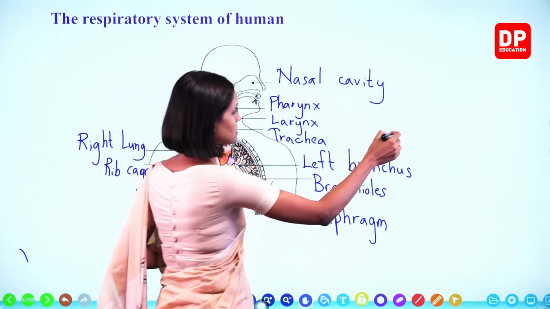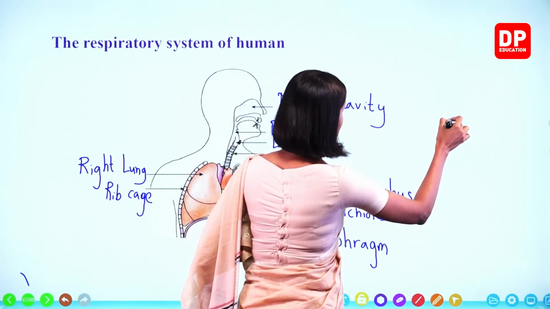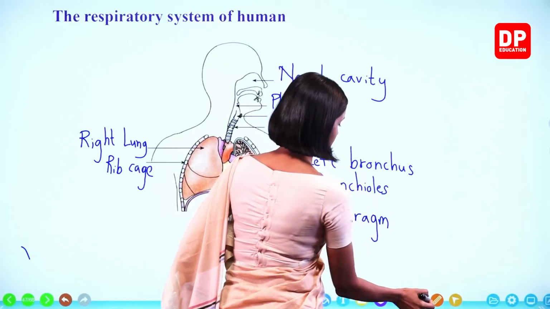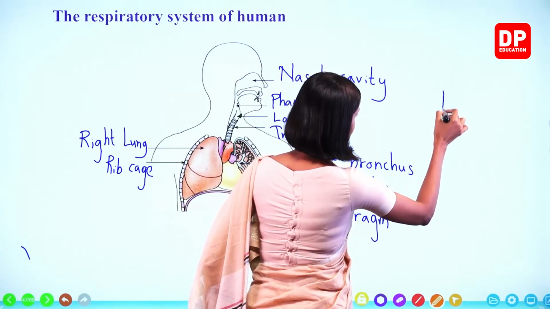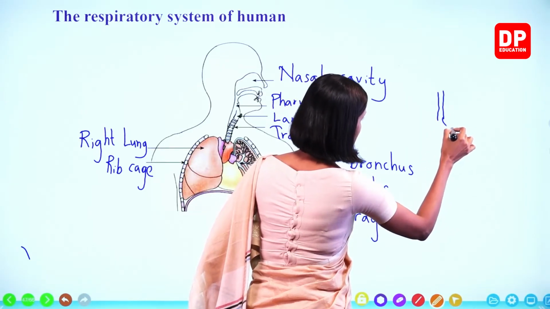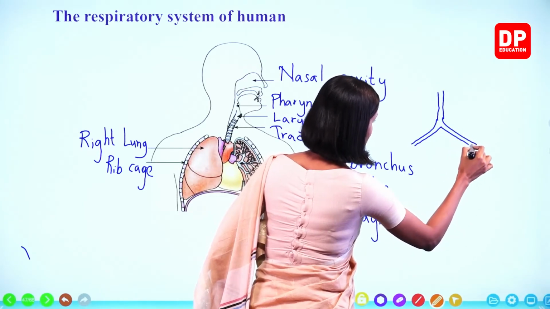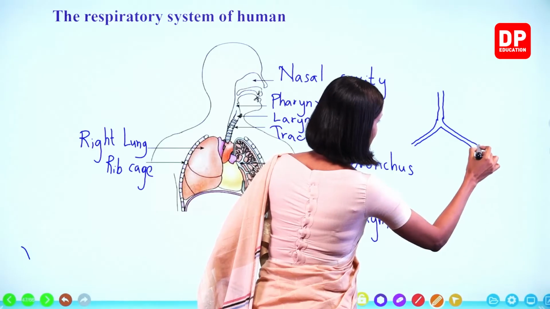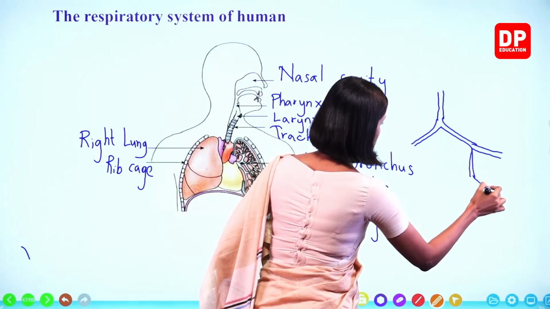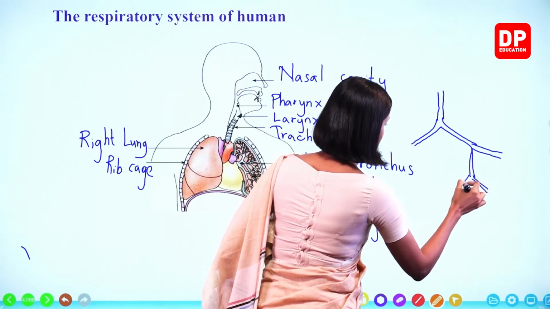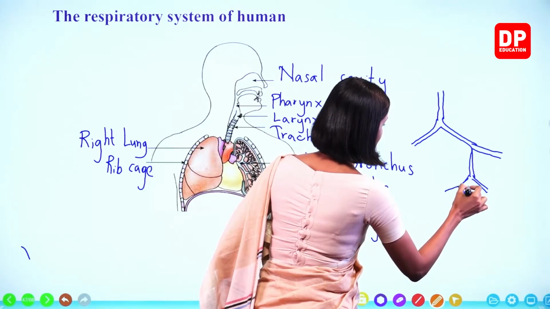So when we consider this is the trachea, I will just take one side. They divide into two branches, right and left bronchus. And then the bronchi also keep on branching inside into tiny, tiny branches.